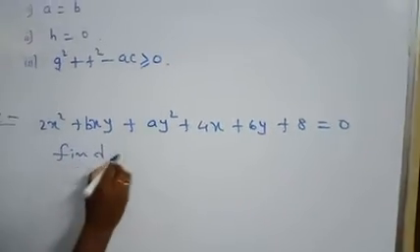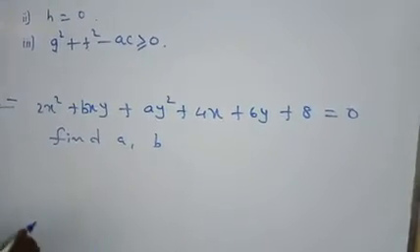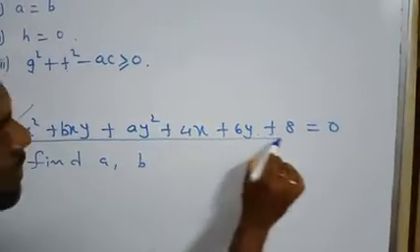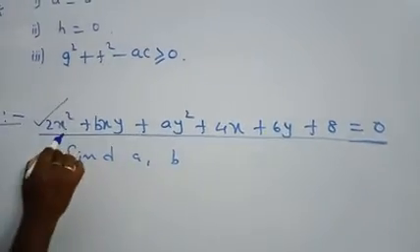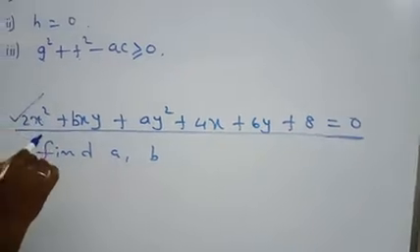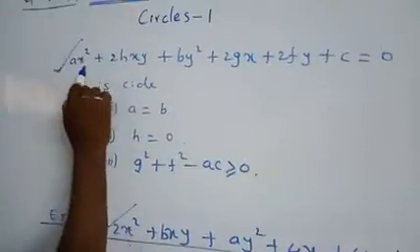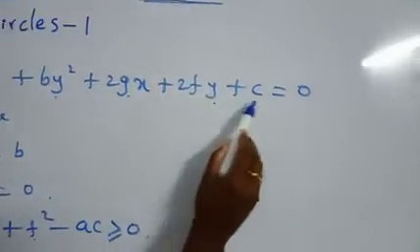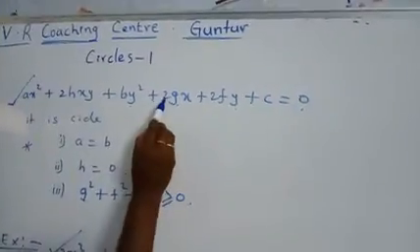Find a, b. So this is the second degree circle equation. It represents a circle. The second degree equation ax² + 2hxy + by² + 2gx + 2fy + c = 0 represents a circle.